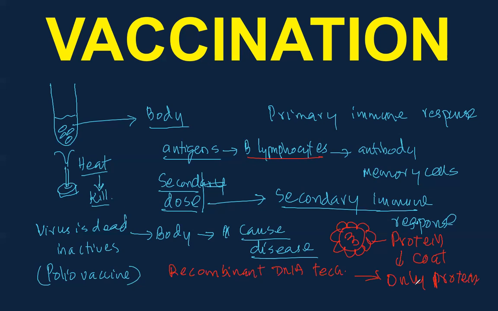So for viruses, they don't use the heating or inactivation technique, because viruses can cause a disease and can come back and become alive again. This is how they produce vaccines for viruses, like the hepatitis B vaccine, even the corona vaccine, all based on recombinant DNA technology or genetic engineering. Questions, please.